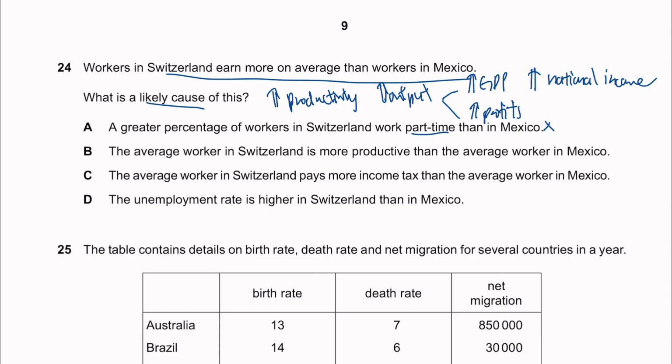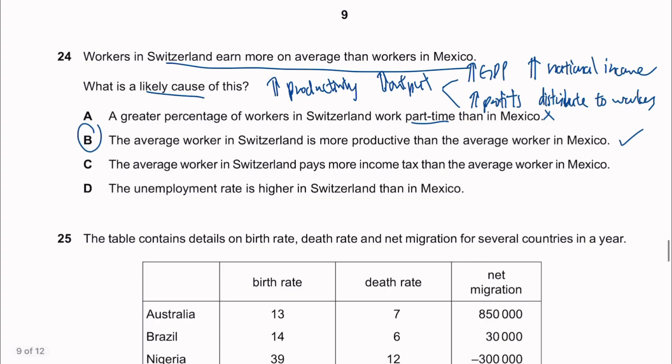So where do these profits go? It can be distributed to workers as wages. So Switzerland workers earn higher wages because businesses earn more profits. So yeah, B is the correct answer. So there are two: one is more on the macroeconomic side, and this is the microeconomic side.